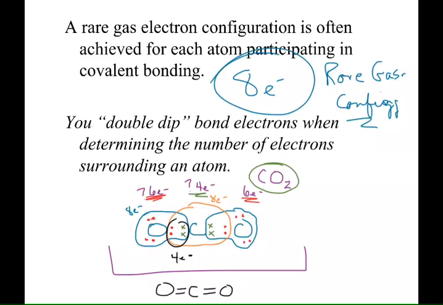So 2 chemical bonds would be 2 lines. And then I need to account for what we're going to call lone pair electrons here, and these 2 lone pair electrons here and here. This will make more sense later, but I'm just giving you a heads up to how this works. This is called the Lewis structure of CO2.